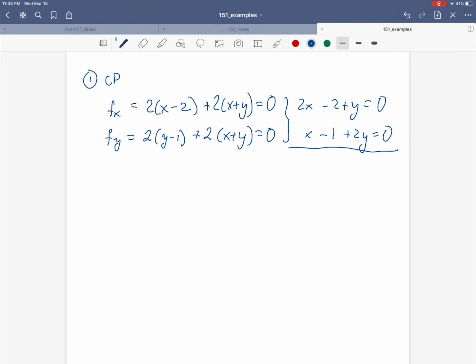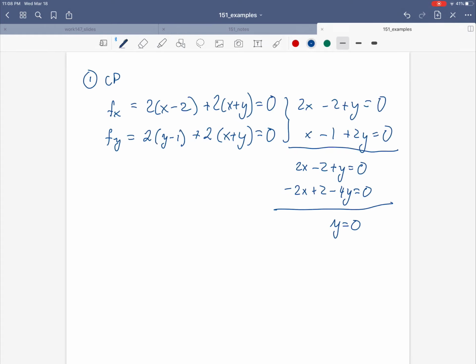I keep the first equation, 2x minus 2 plus y equal to 0. Multiplying the second equation by minus 2 gives minus 2x plus 2 minus 4y equal to 0. Adding these two equations together, I get minus 3y equal to 0, so y must be equal to 0.